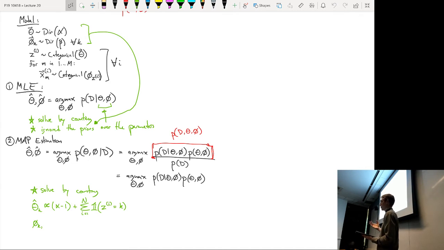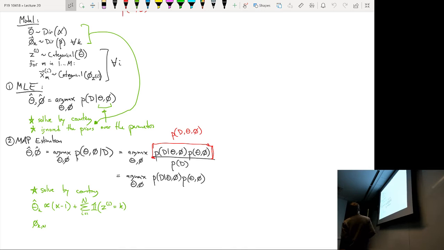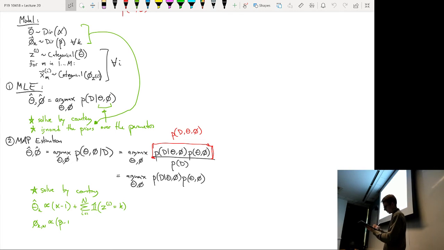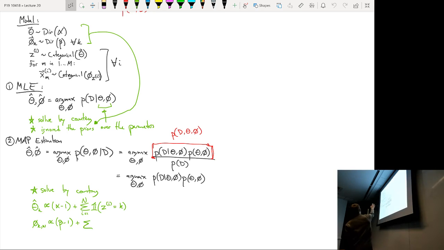Okay. And then similarly, MAP inference for phi would give you that phi sub k comma, let's say we index word types by w, is going to be proportional to beta minus 1 plus, now we need to sum over all of the training examples, i equals 1 to n, sum over all of the feature vectors, so this is m equals 1 to M, and take the indicator of whether or not the actual value of xim is equal to w, and the indicator of whether zi is equal to k.